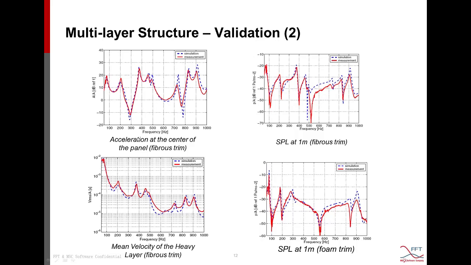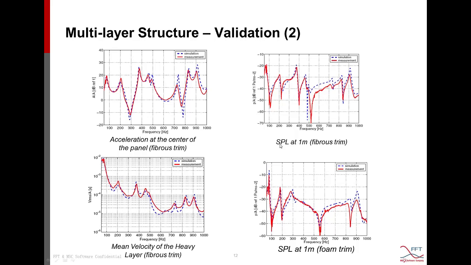So first, some dynamic indicators. The acceleration at the center of the panel with the fibrous trim included, and then the mean velocity of the upper layer, of the heavy layer, with the fibrous trim included.